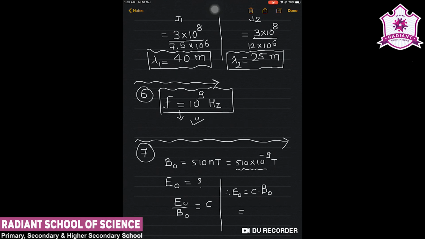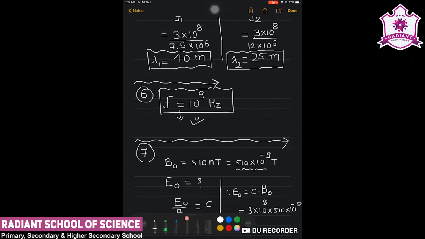Now the values of C and B are both known, so we can put 3 into 10 raised to 8 into 510 into 10 raised to minus 9 Tesla, that is given in nano Tesla. When we simplify, we get the answer.